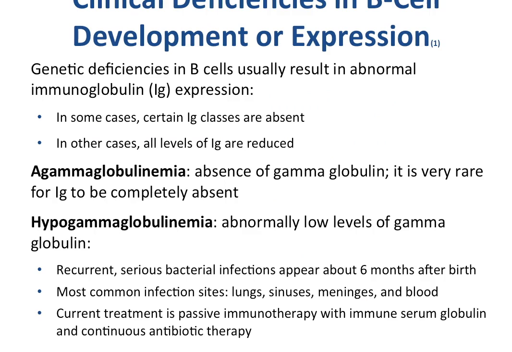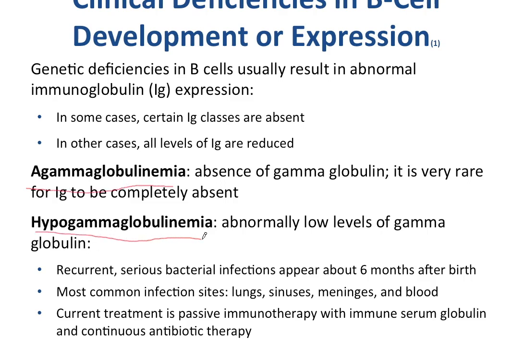So the B cell defect will have the immunoglobulin problem. If the gamma immunoglobulin level is almost gone, it's called agammaglobulinemia.